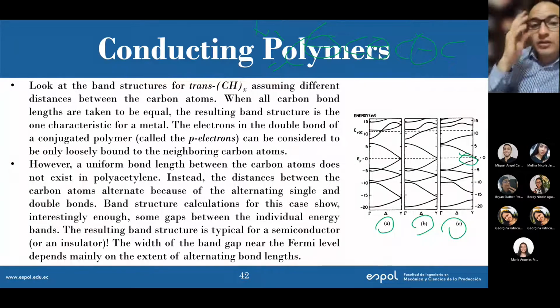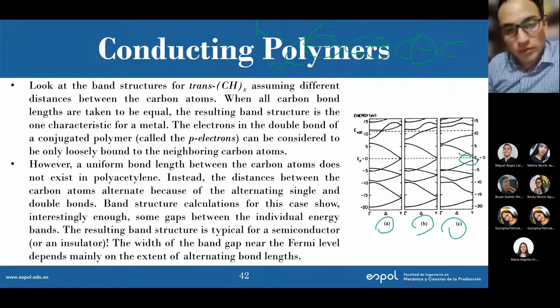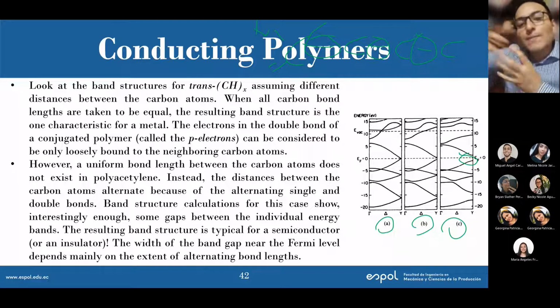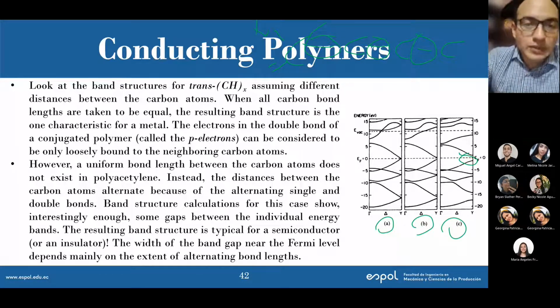And obviously, if you get a completely random polymer, like a completely amorphous polymer, where you have a big variation of bond lengths, you will get a huge band gap that is basically an insulator, and that's why most polymers are insulators. Is this clear so far, guys?